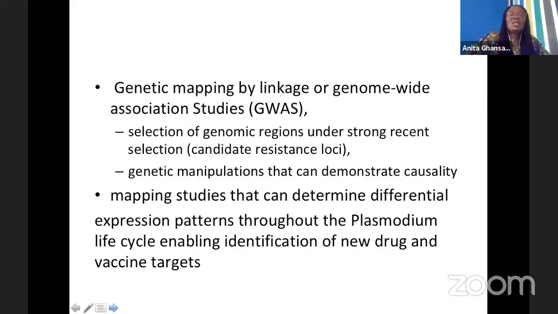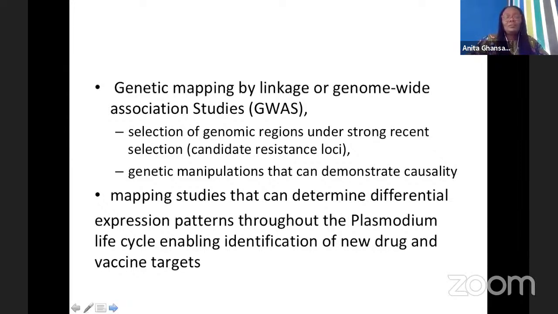We can also look at genetic mapping by linkage or genome-wide association studies. Genome-wide association studies have been used to look at regions of the genome that are under strong recent selection, and new drug-resistance candidates have been detected using genome-wide scans for these signatures of recent selection.